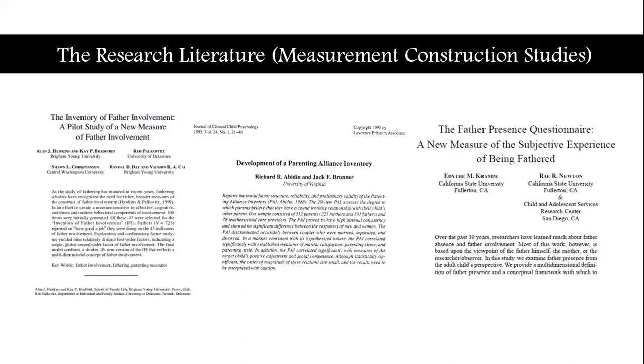There are several different aspects of father presence addressed in this questionnaire, but the one I'm most familiar with looks at how the individual perceives their relationship with their own father. And so these are a couple of different studies that I have found in the research literature that include measurement tools that can be used either in research or in practice.